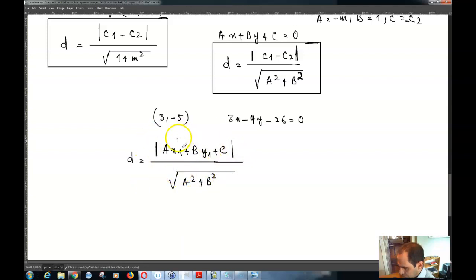Now, in case you did not understand how we derived this formula, you might make some logical mistakes, or you might substitute your numbers wrong in this equation.